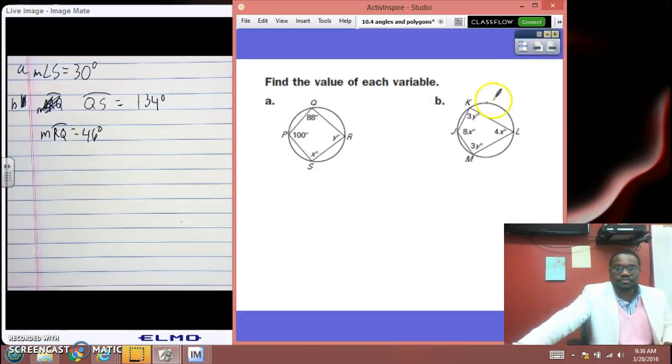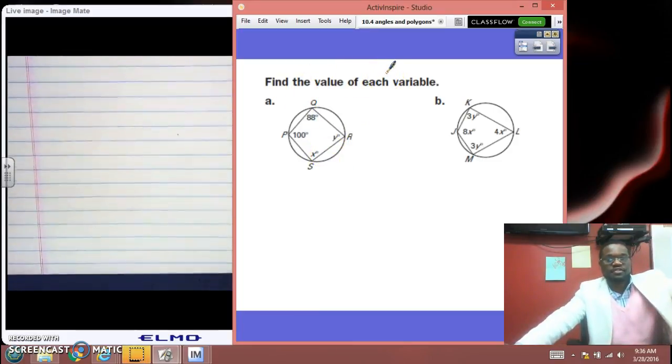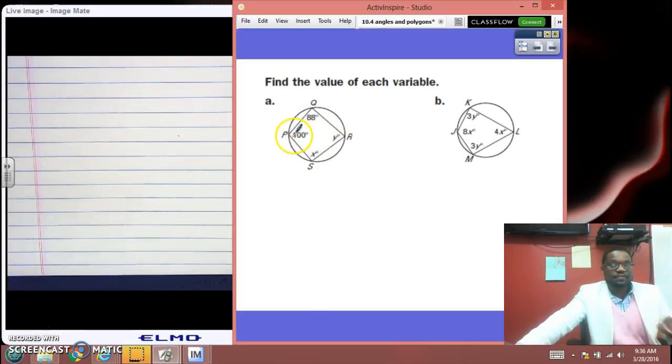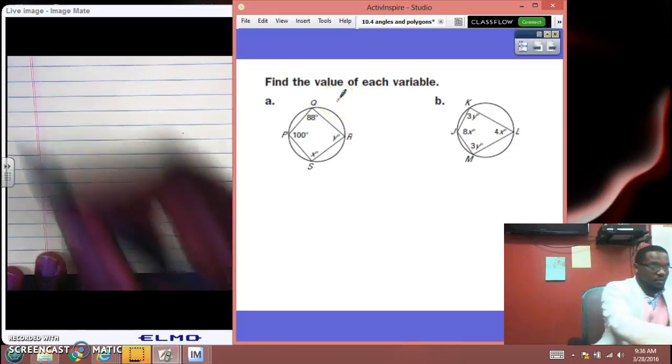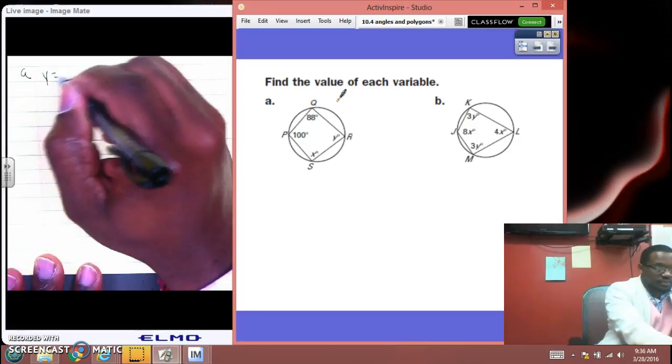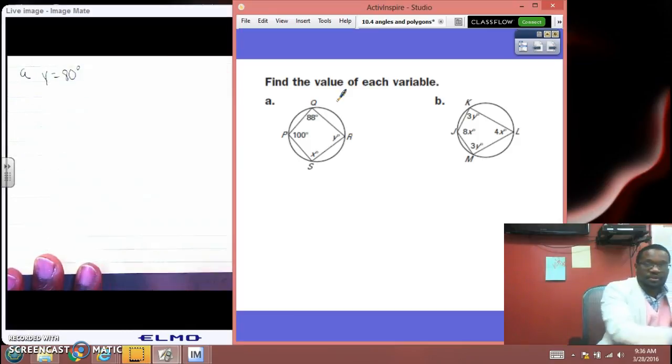Alright, let's look at this. Find the value of each variable. This is an inscribed polygon, every vertex is on the circle. So if this one was 100, then Y has to be 80, right? Because they're supplementary.